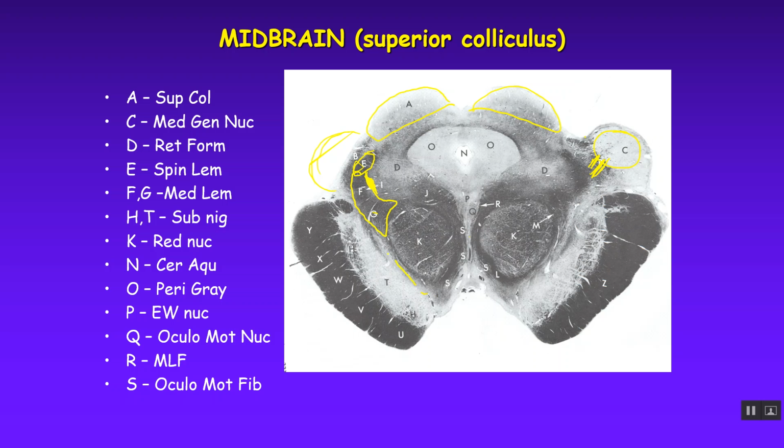H and T, this is the substantia nigra, which is light colored on this type of stained cross section because those are cell bodies. When you look at it in a true cross section, it's dark, with a dark tint because it's got melanin stained nuclei.